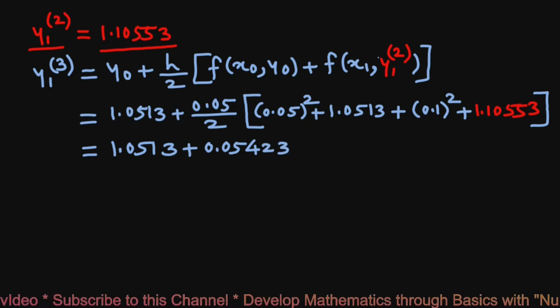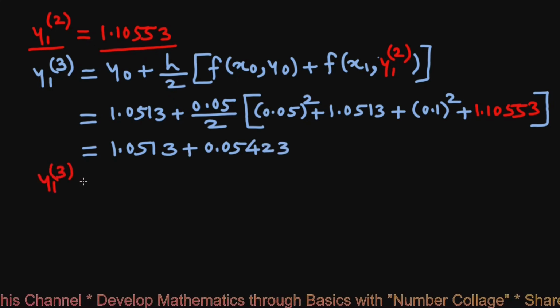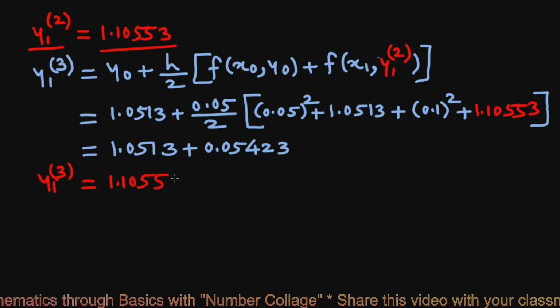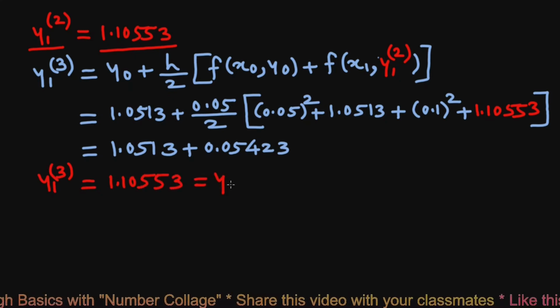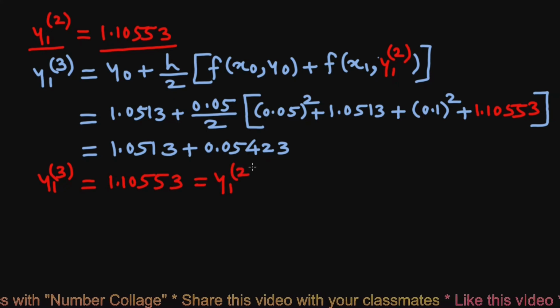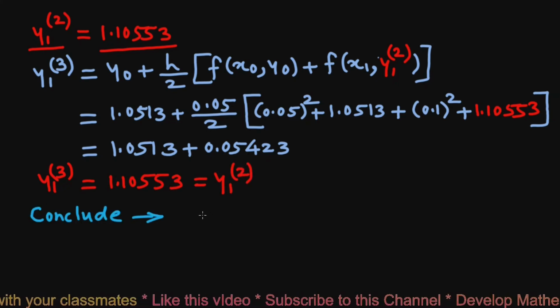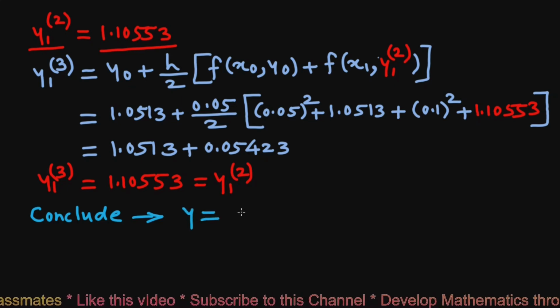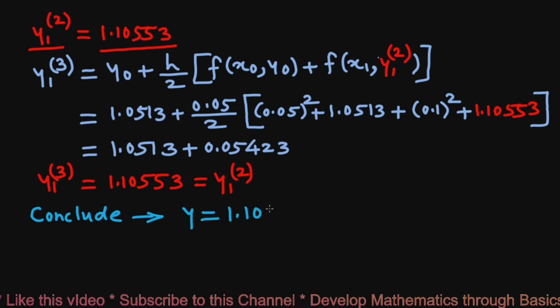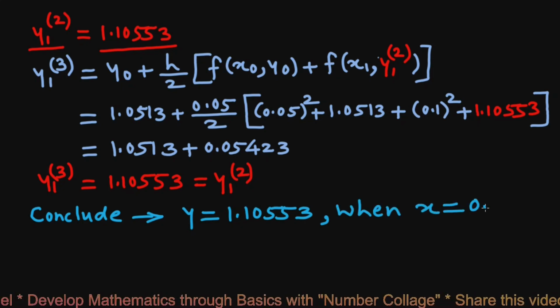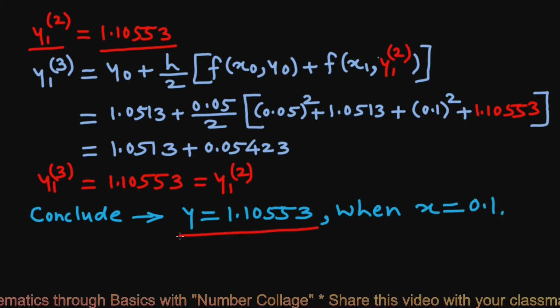That gives us the third approximation of y1 to be 1.10553, same as the second approximation of y1. So therefore we conclude that the correct value of y is 1.10553 when x is 0.1. So this is our answer.